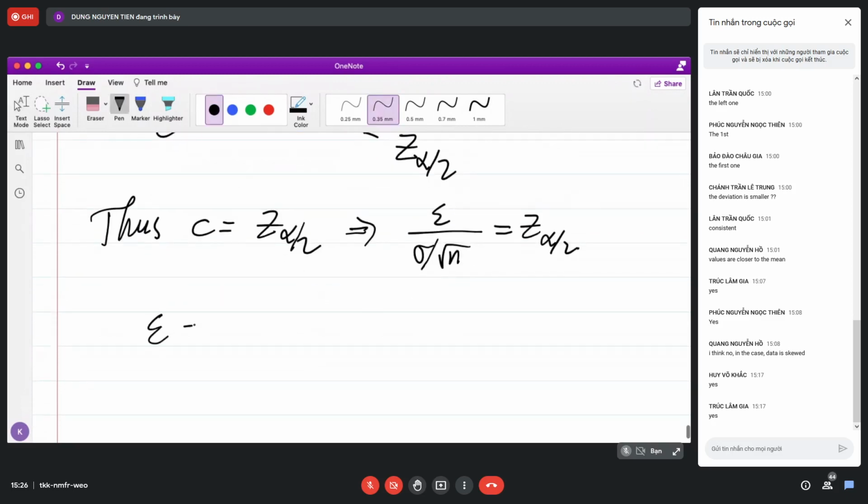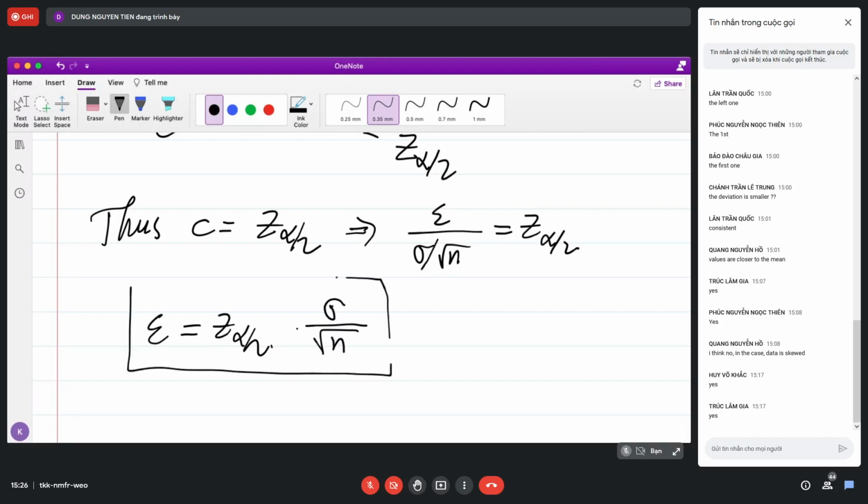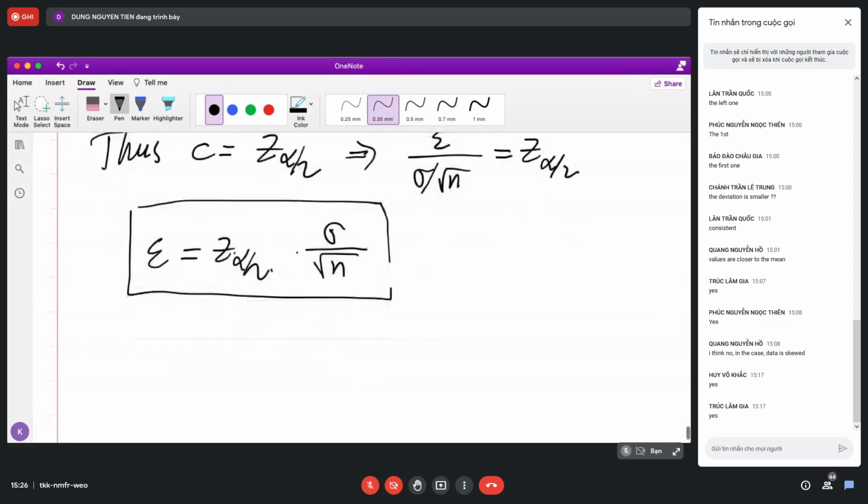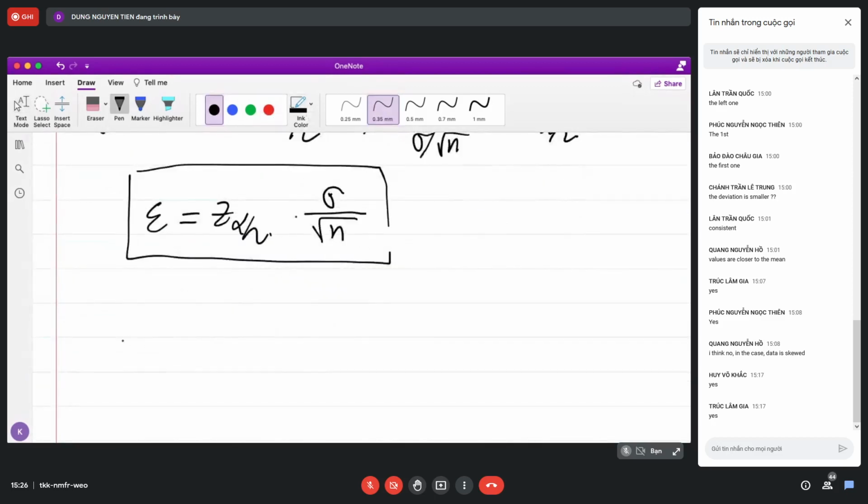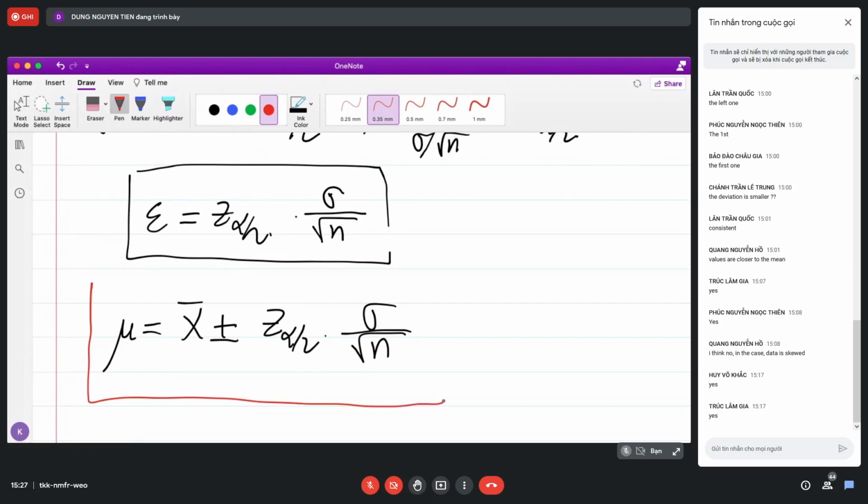Or let's say epsilon is z alpha over 2 times sigma over the square root of n. This is the formula for the error. And then we can get the confidence interval: mu equals x bar plus or minus z alpha over 2 times sigma over the square root of n. This is a confidence interval that you can get. Do you understand?